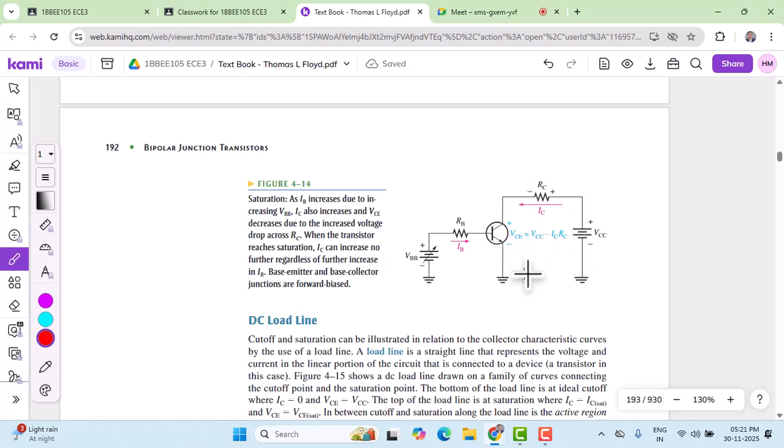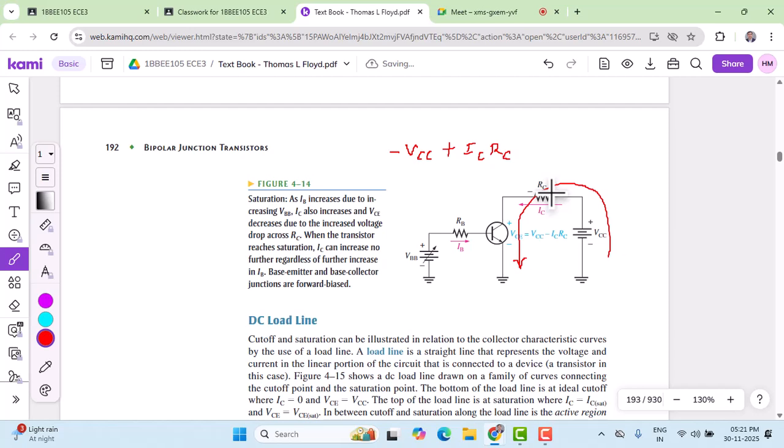If we apply KVL starting from VCC, let me write it here. Minus VCC plus IC times RC, moving in this direction.